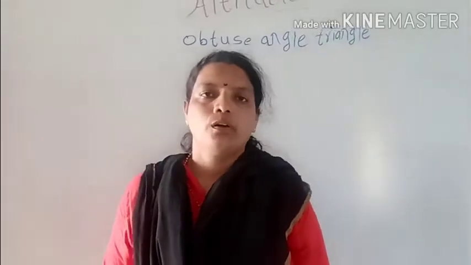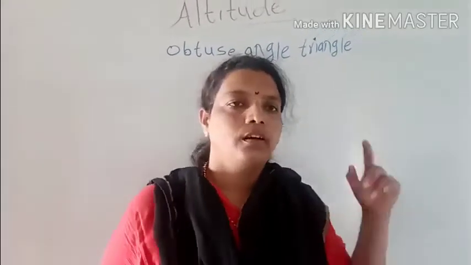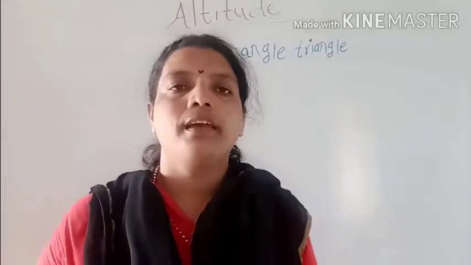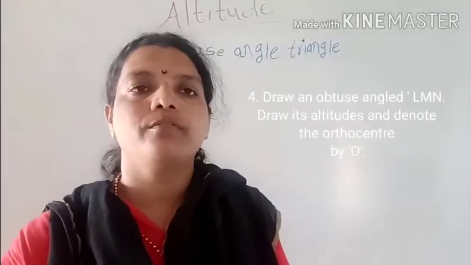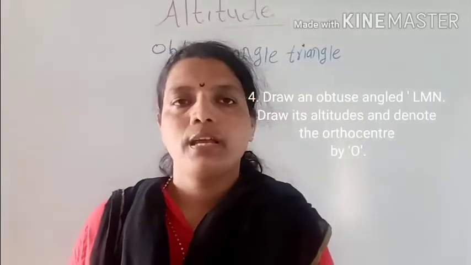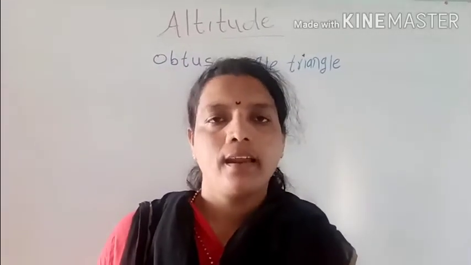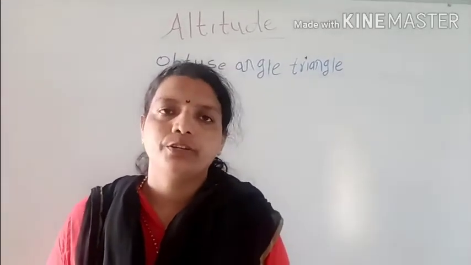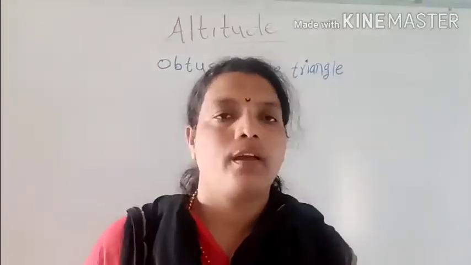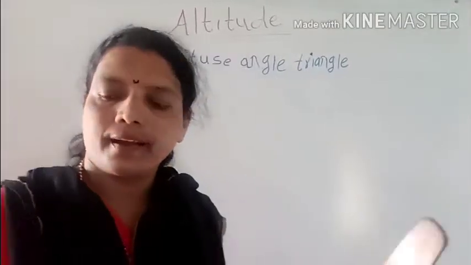Now we will draw altitudes of an obtuse angle triangle. First we will see in practice set 4.1, question number 4. Draw obtuse angle triangle LMN, draw its altitudes and mark the orthocenter. So we will draw any obtuse angle triangle.